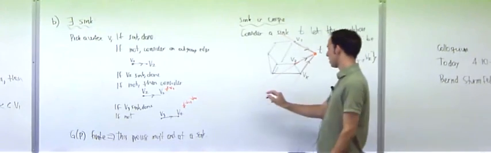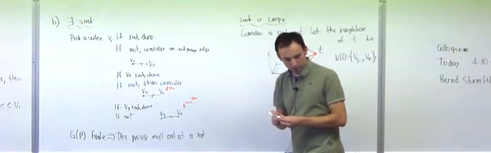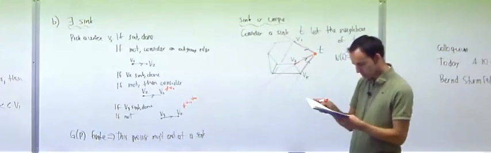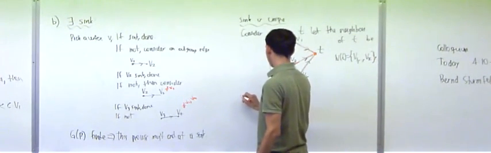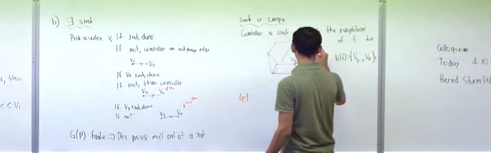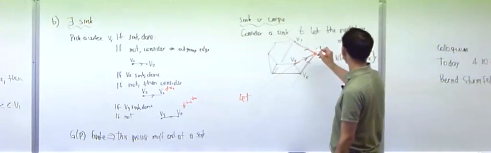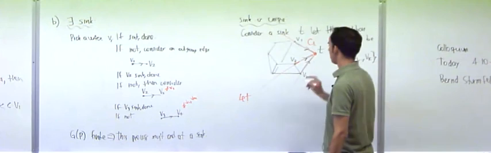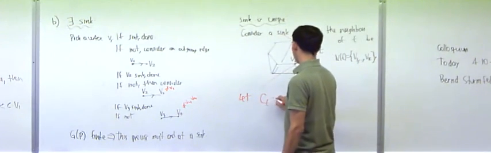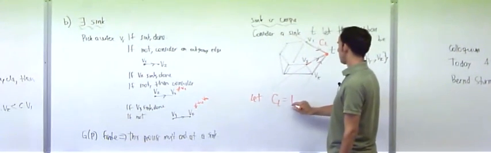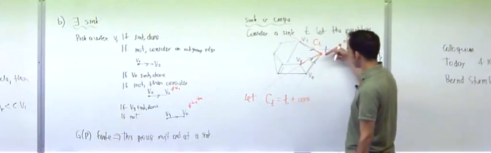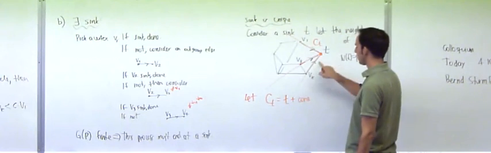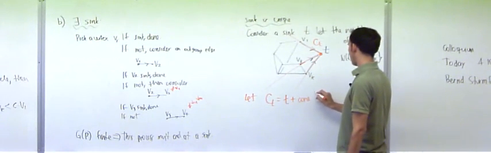Let's call this cone, I guess I didn't call it anything, C, maybe C sub T. It's basically, I stand at T, and then I look at the cone of all these vectors, V1 minus T, V2 minus T, up to Vk minus T.